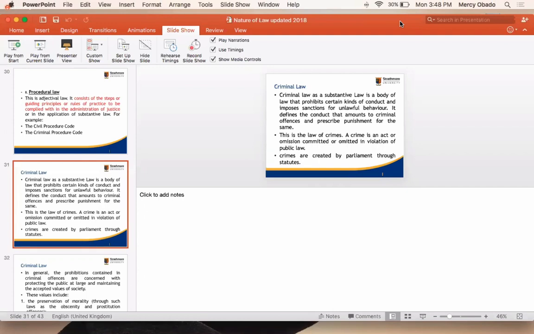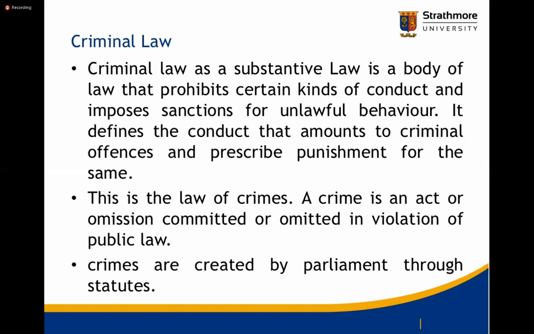All right. I was explaining to you how the courts work, that the court can sit either as a criminal court or as a civil court. That is why it is very important for any student learning law, even at a basic level, to understand the difference between criminal procedure, civil procedure, criminal law, and civil law.